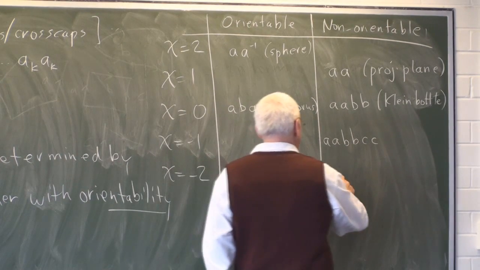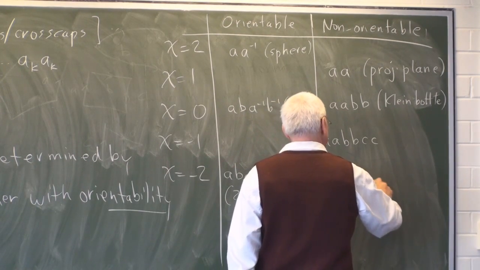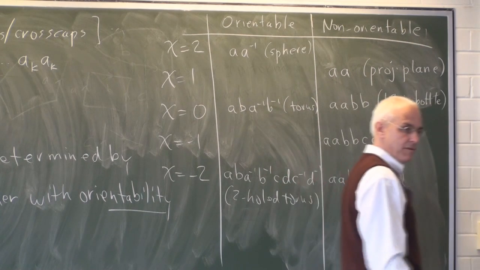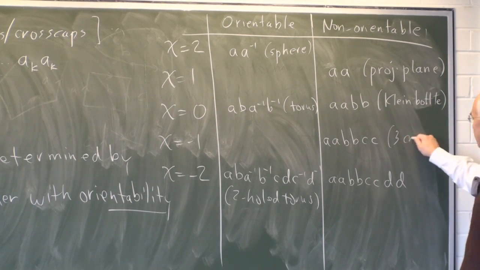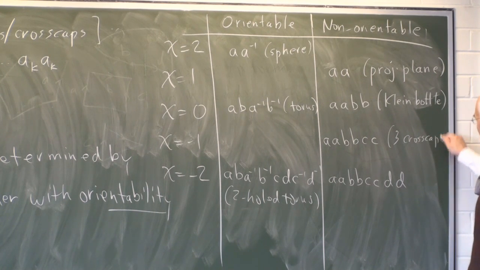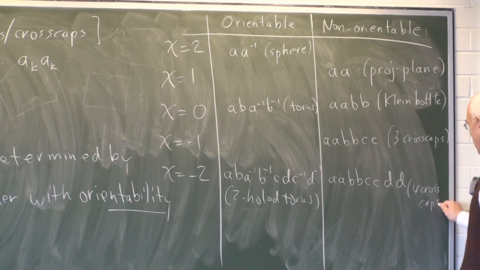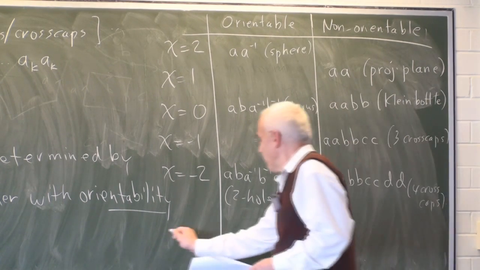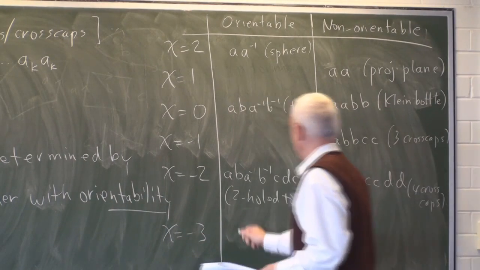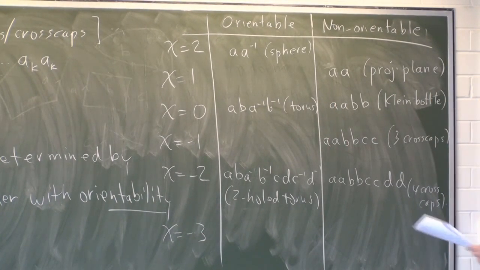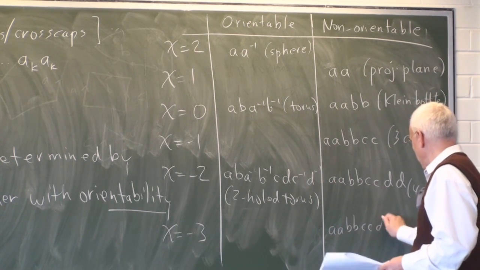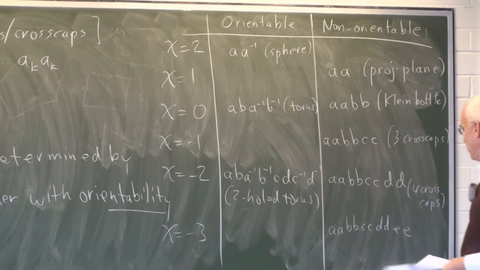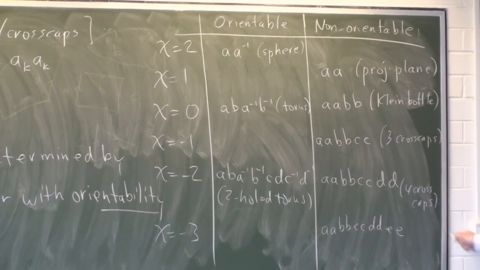Or it could be A A B B C C D D, 4 cross caps. At chi equals minus 3, there's no orientable one, but if we just add another cross cap, A A B B C C D D E E, 5 cross caps.